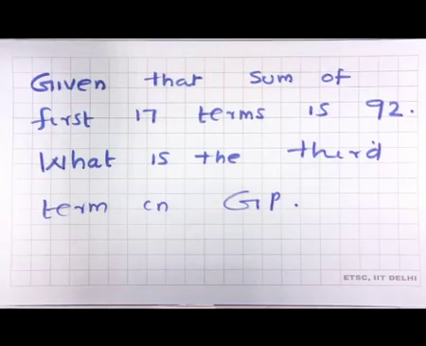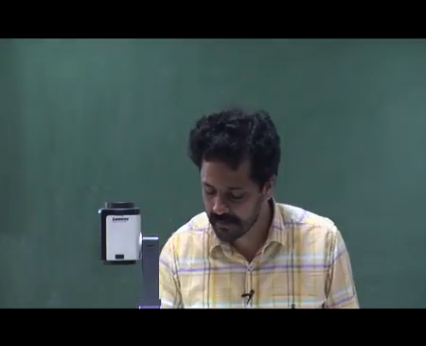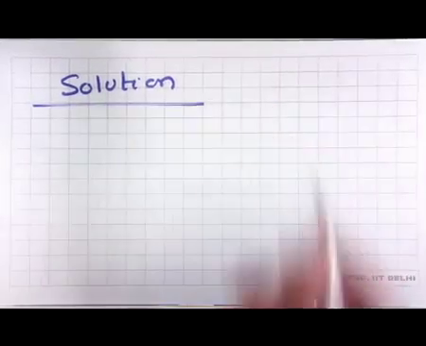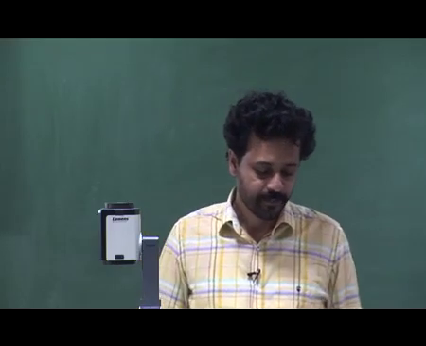The question concerns basically the sum of n terms of a GP. Let us solve it. Recall that Sn is used as a standard notation for sum of n terms of an AP or GP.